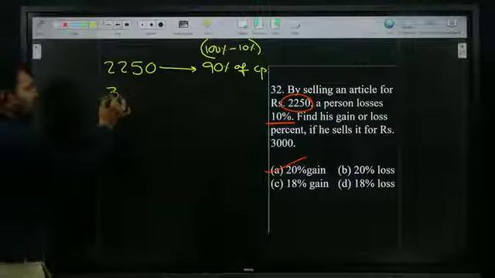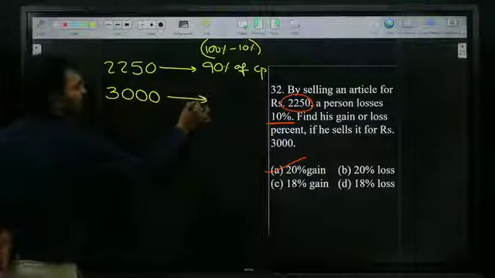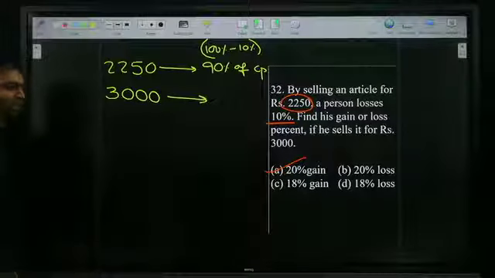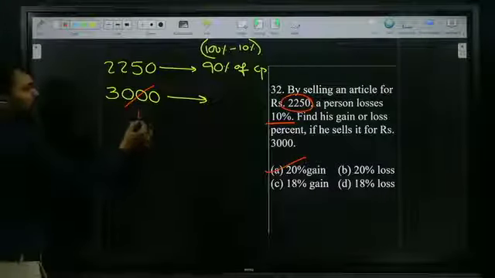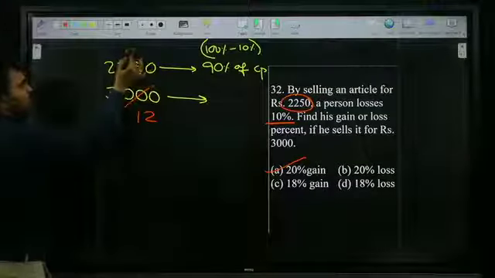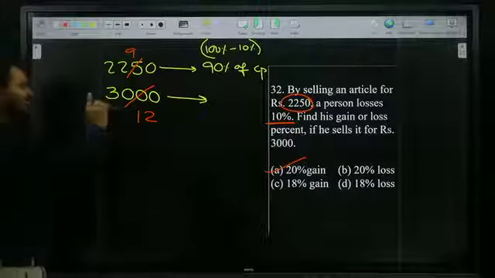Next, whenever the same article is sold for 3000, how much profit is he getting? In the 250 table, in 2250 there are 9 250s, and in 3000 there are 12 250s.